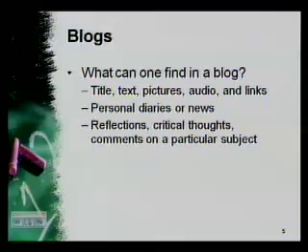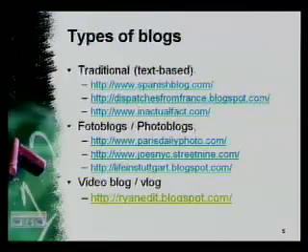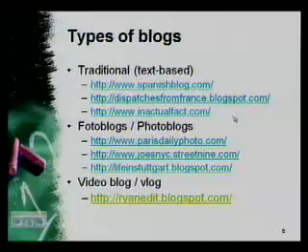And again, these are dated, so you can go back and it archives the blog nicely for you. I think probably the most common type of blog is the text-based blog. And there are some other types of blogs that are a little bit different, and the one that you saw earlier in the picture was a typical example of a text-based blog.